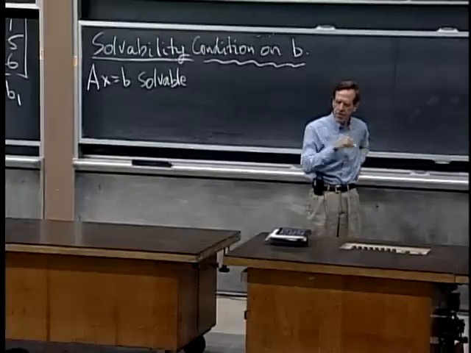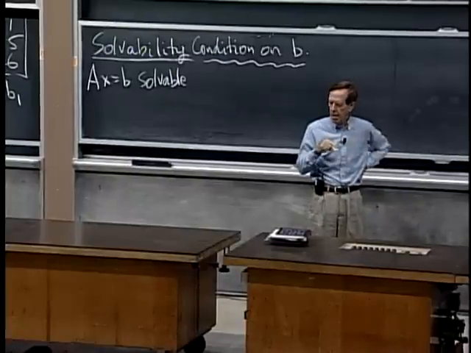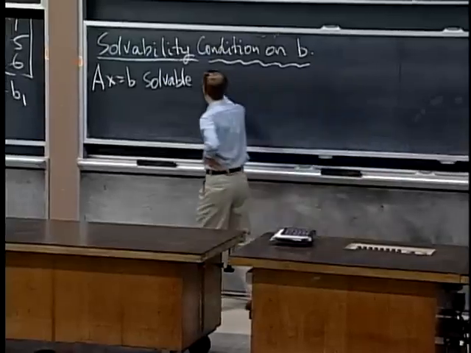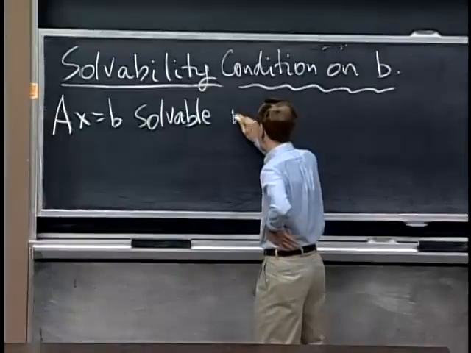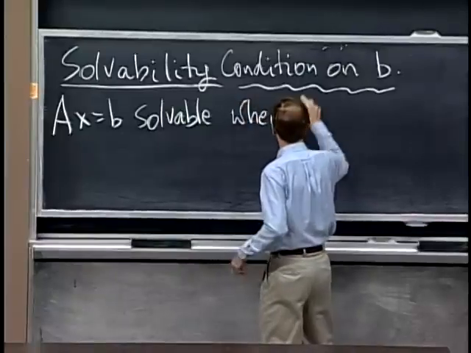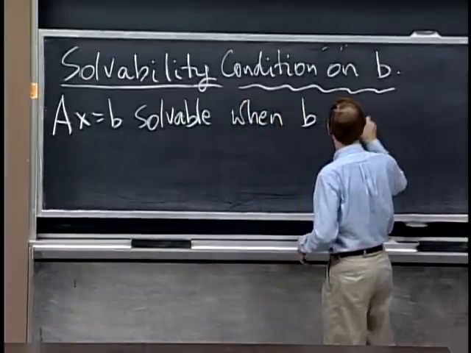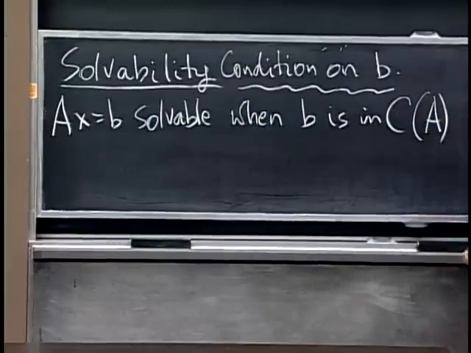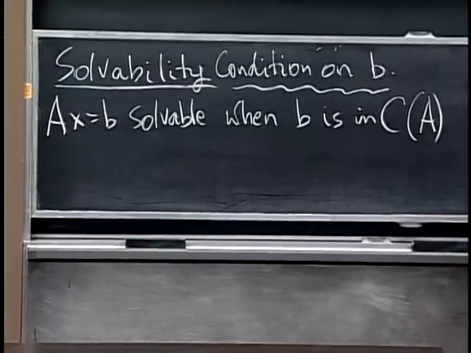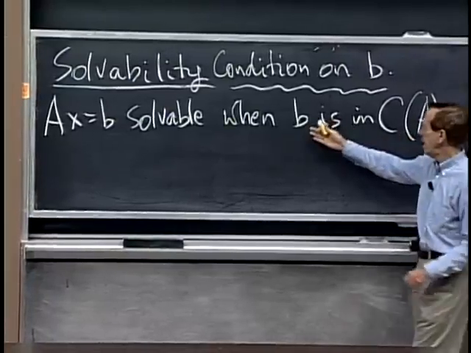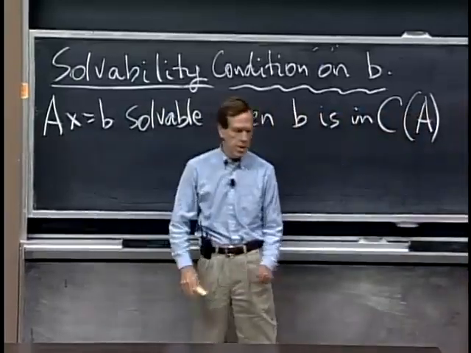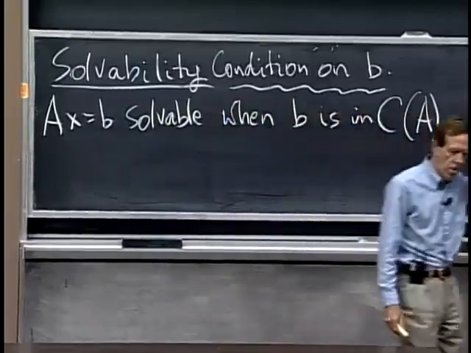That was our answer from an earlier lecture. b had to be in the column space. Solvable exactly when b is in the column space of A. Right? That just says that b has to be a combination of the columns, and of course, that's exactly what the equation is looking for.